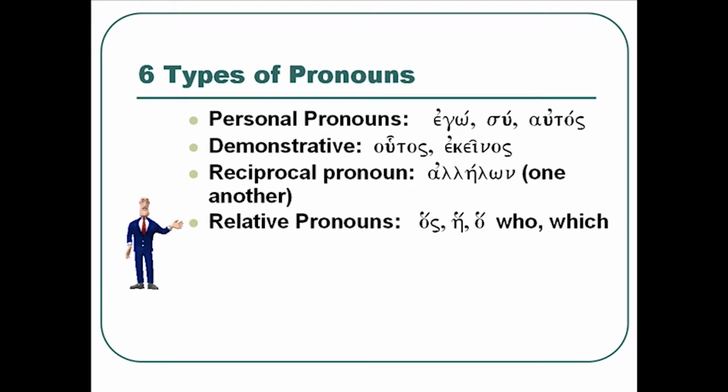And then also the relative pronouns, many of which look a little bit like the article, but because of the accent we distinguish them, and those are hos, he, ho. And those are the who and the which, relative pronouns.